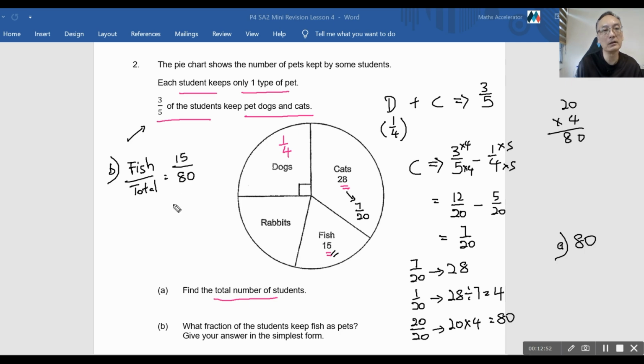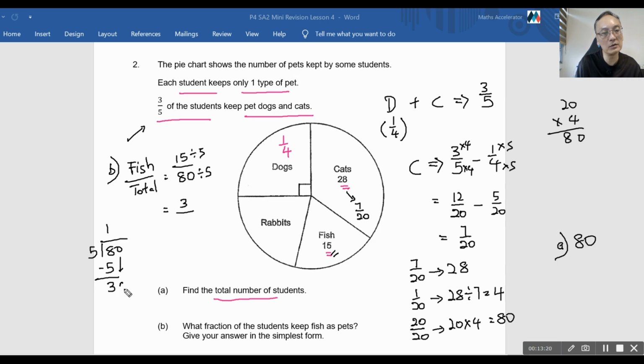So we will be simplifying this fraction by dividing the top and bottom by 5. So 15 divided by 5 is 3. And 80 divided by 5. Okay, let's do 80 divided by 5 over here. 1 times 5 is 5. 8 minus 5 is 3.